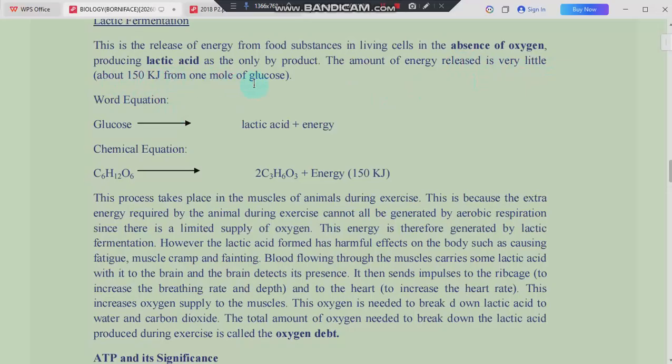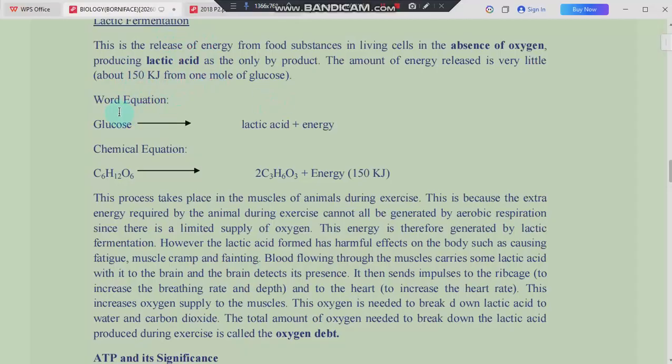Remember, the one on top was alcoholic fermentation, where we produce 210 kilojoules of energy from 1 mole of glucose. But in lactic fermentation, where we produce lactic acid, the equivalent energy here is 150 kilojoules from 1 mole of glucose.